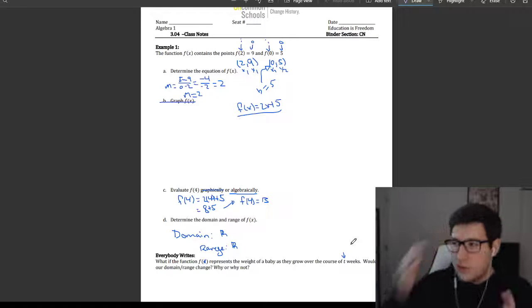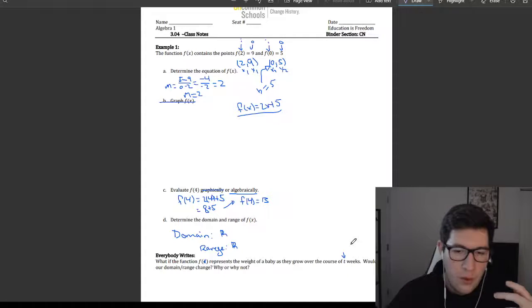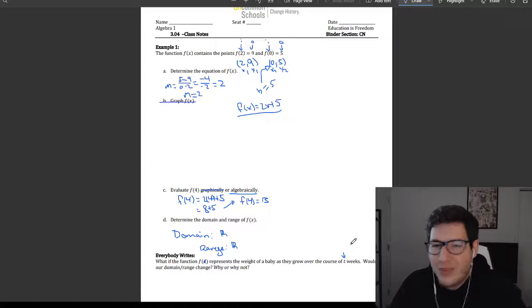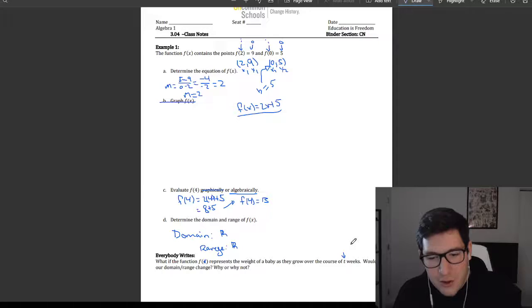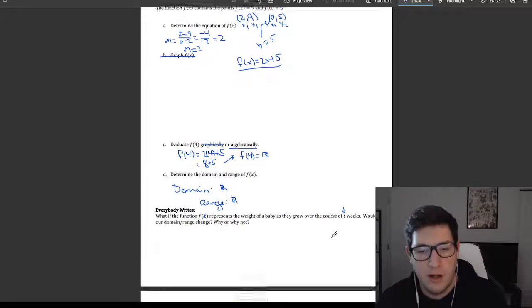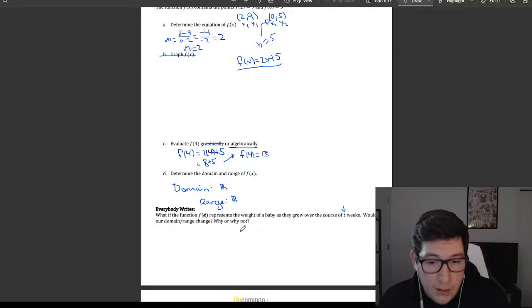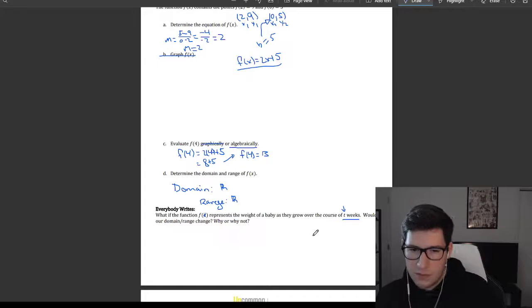And like we touched upon yesterday, hopefully you look at this and remember that with measurements, there are certain things that you just can't have negative numbers, right? Measurements, time, it doesn't really make sense. So if we're thinking about the domain and range of this new problem with its new context, we need to think, does it make sense for t to ever be negative?